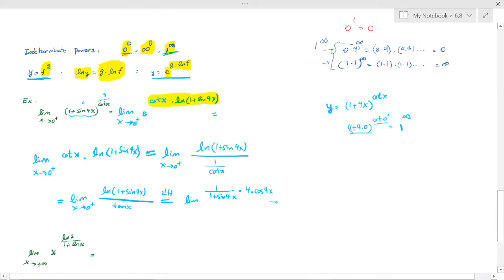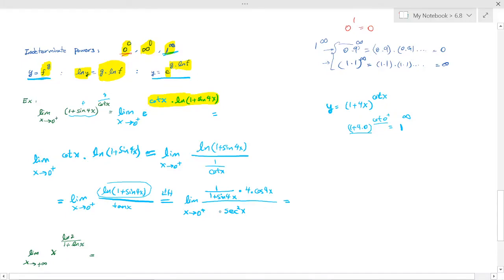We applied the chain rule, don't forget that. The derivative of tangent x is secant squared x. I'm expecting that you already know how to take the derivative properly. You have to apply the chain rule, and when dealing with the derivative of sine 4x, you apply the chain rule again. Okay. Before we calculate the value, I will try to simplify it.